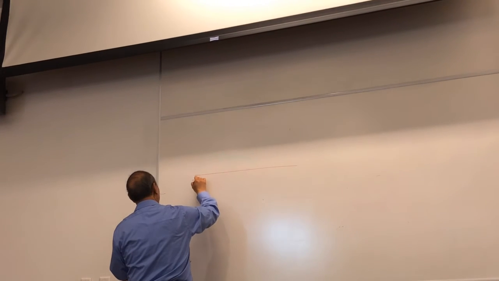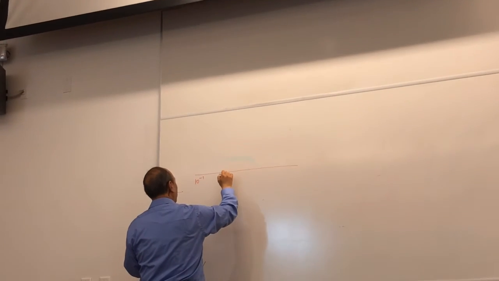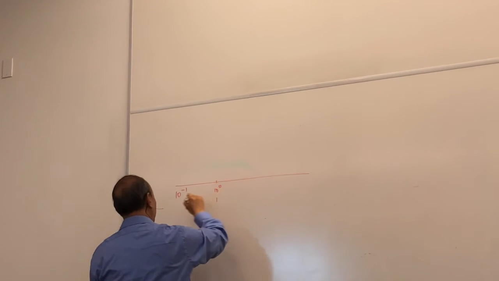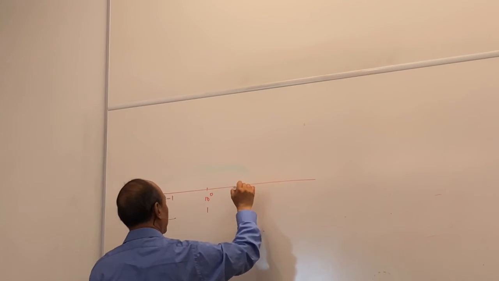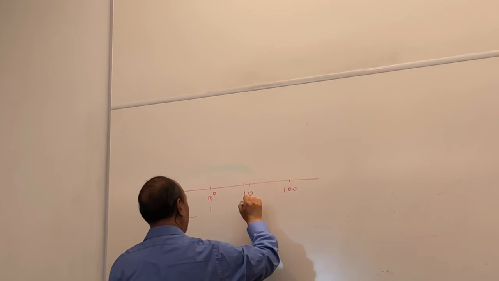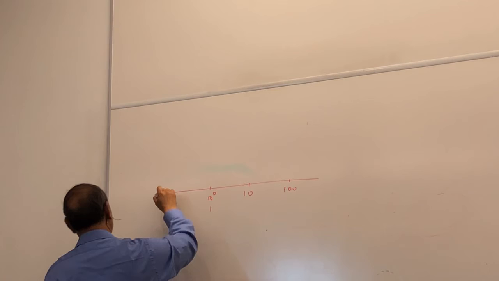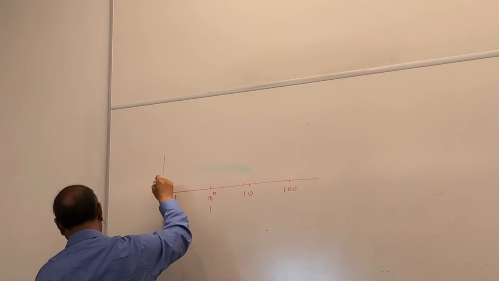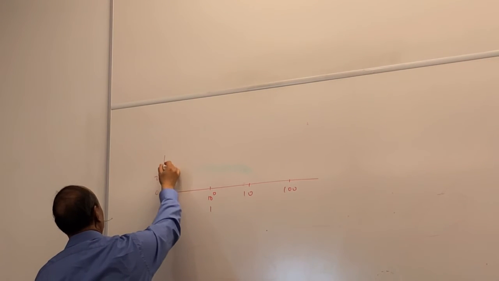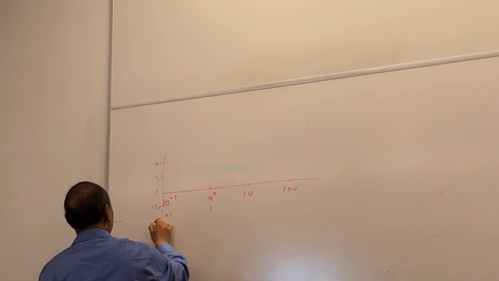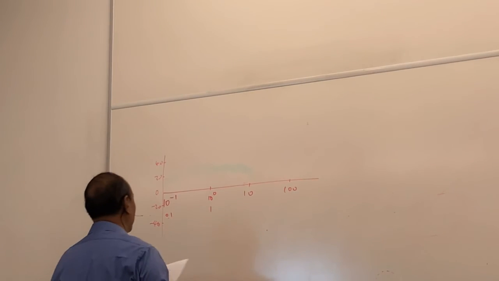So we start about 10 minus 10. So this is 1. This is 0.1. So this is like 10. This is 100. Okay. 100. So then we say this is, let's say, 0 dB, 20 dB, 40 dB, minus 20, minus 40, okay, minus 40.